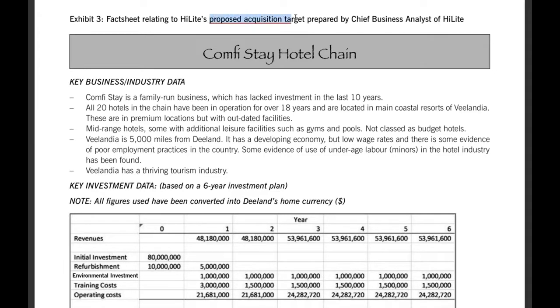Okay, remember proposed acquisition target. Okay, this is the fact sheet that they were mentioning. All right. So this is actually relevant for your question number 1B.